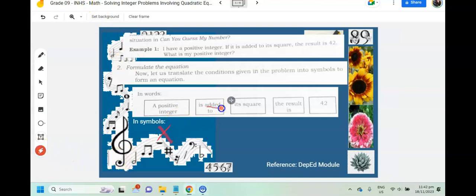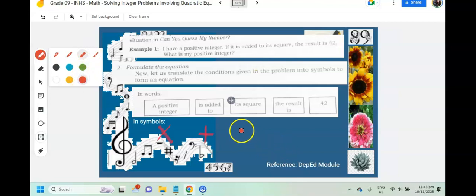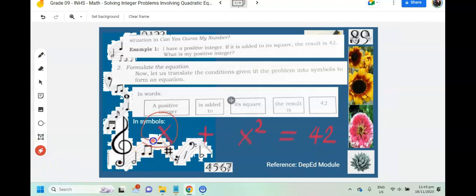Unya, ang symbol para sa addition kay, yes, ang plus sign. Unya, ang square sa missing integer, i-represent with x squared. And when we say the result is, yes, ang symbol kay equal sign and then copy 42 being the sum of the number and its square.